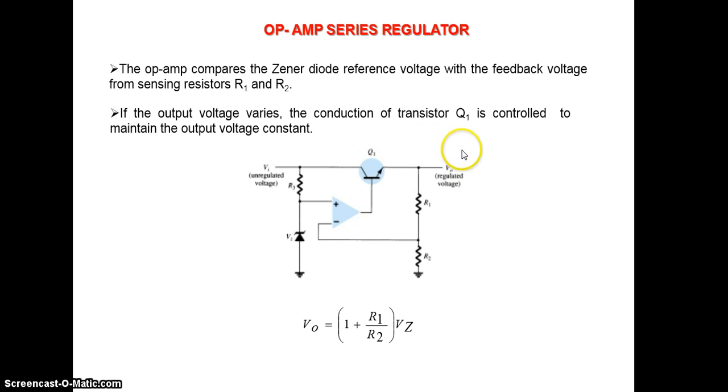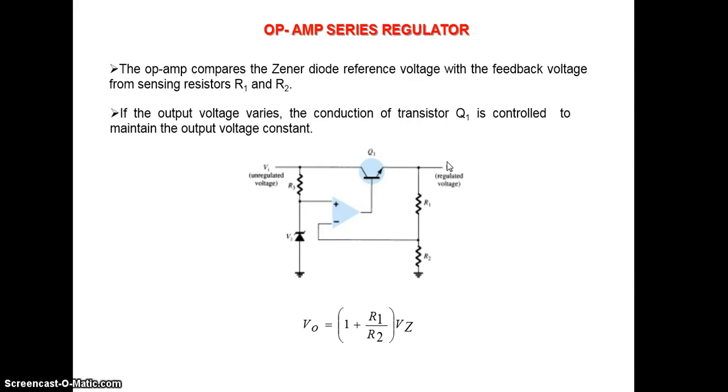If the output voltage decreases, the transistor will conduct more so that the output voltage increases. If the output voltage increases, it will conduct less so that the output voltage decreases, thereby maintaining a constant output voltage.